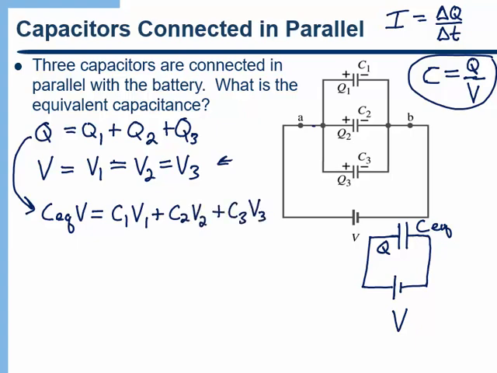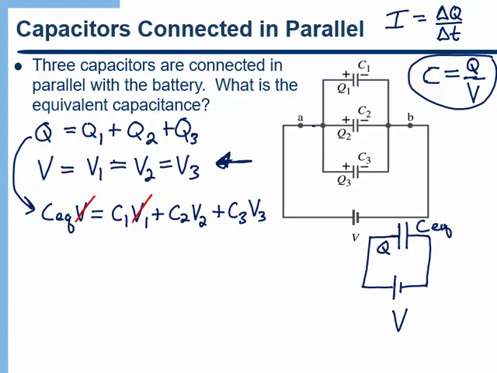In other words, I'm just plugging in the fact that the voltage across capacitor 1 is V1. Those multiplied together is equal to Q1. But now I'm going to use this fact and see that I can cancel them out because we know that all the V's are the same.